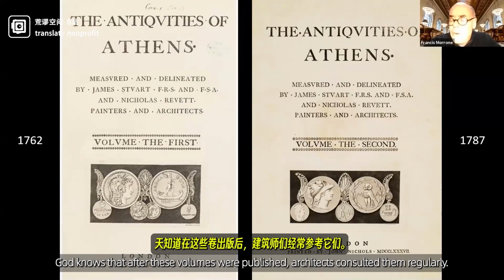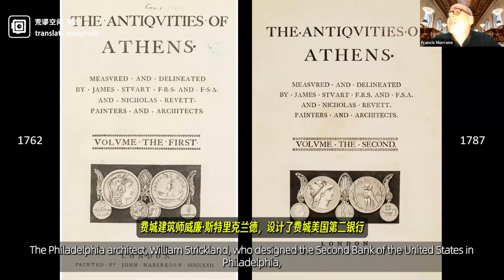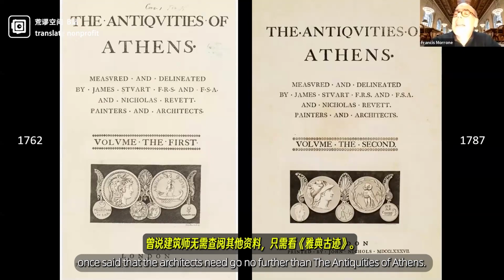God knows that after these volumes were published, architects consulted them regularly. The Philadelphia architect William Strickland, who designed the Second Bank of the United States in Philadelphia, once said that the architect need go no further than the Antiquities of Athens.